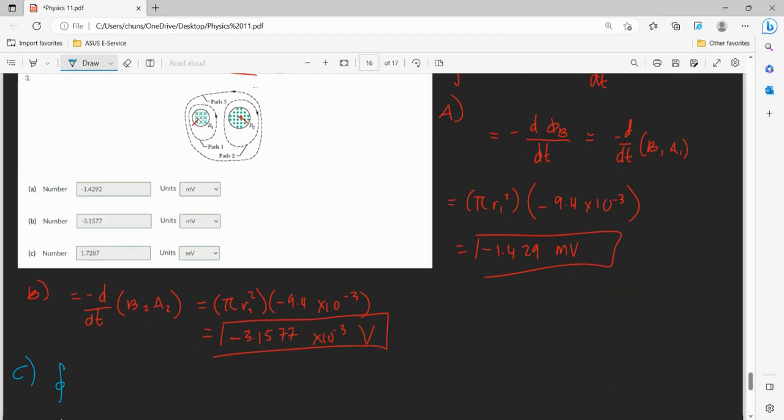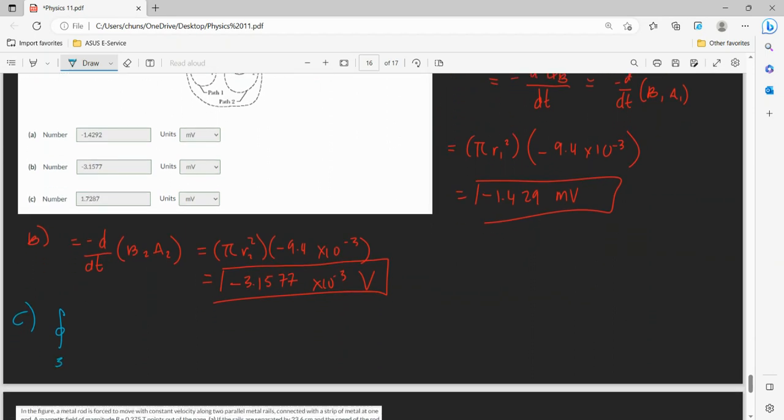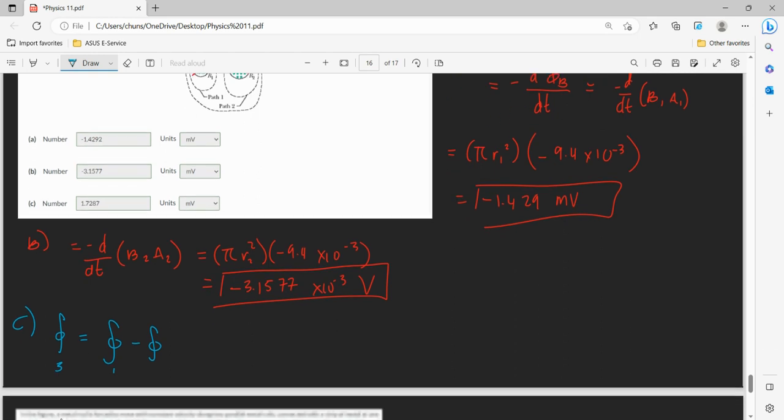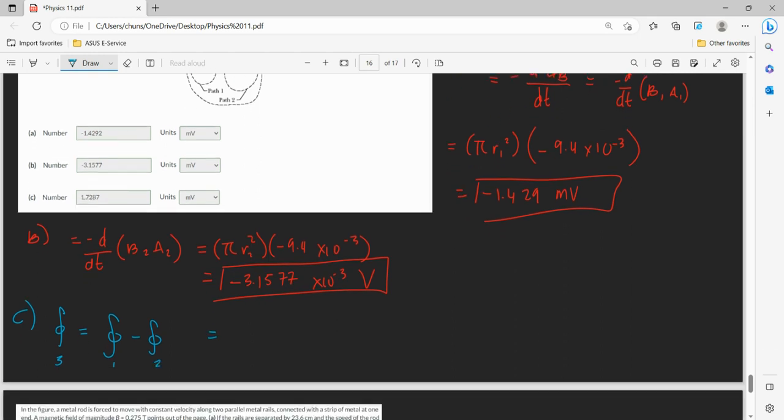For our third one, we will have to take our first one and subtract our second one, which in this case is negative 1.429, minus negative 3.15.